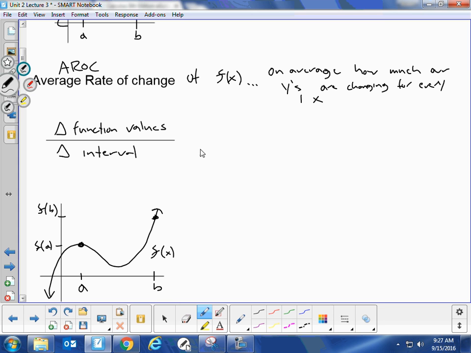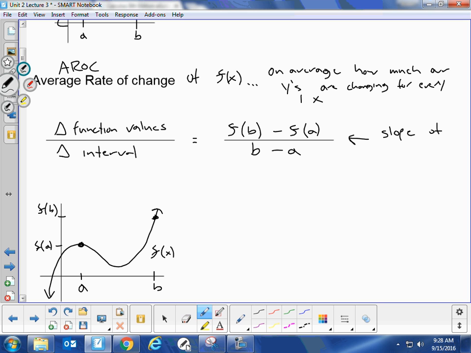Okay. Well, the change in my function values would just be the difference in my y values. The change in my interval would just be the difference in my x values. Well, what is this? It's just slope.